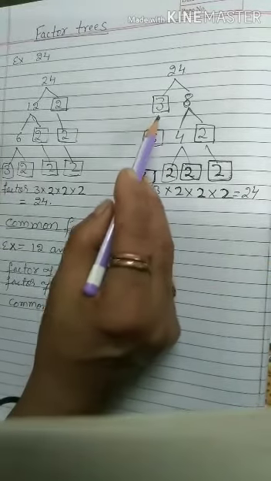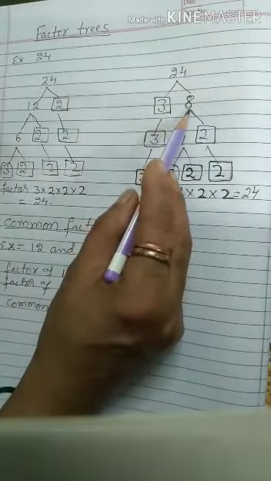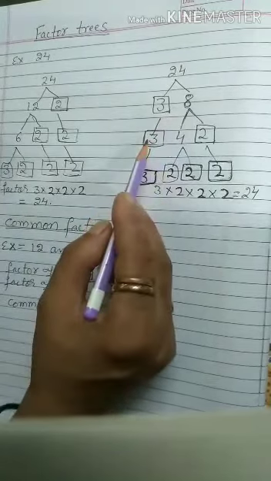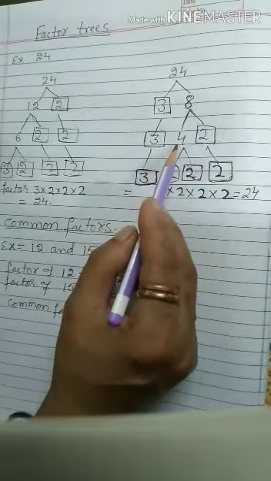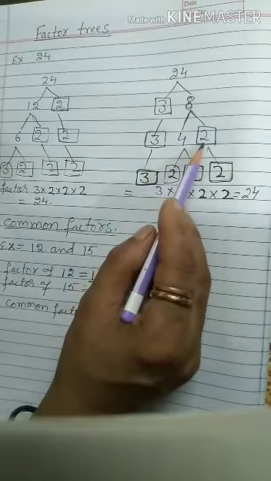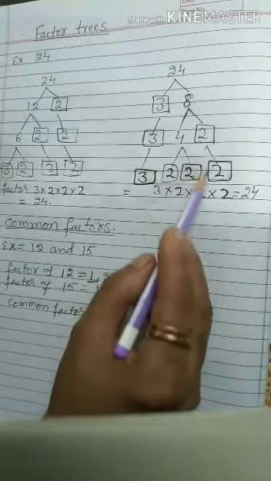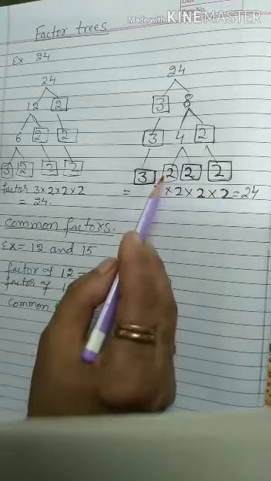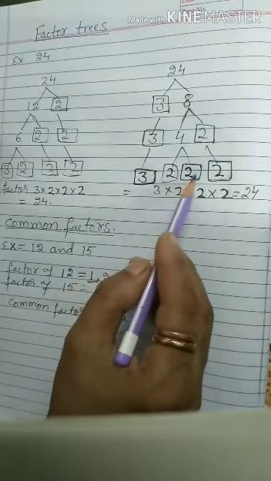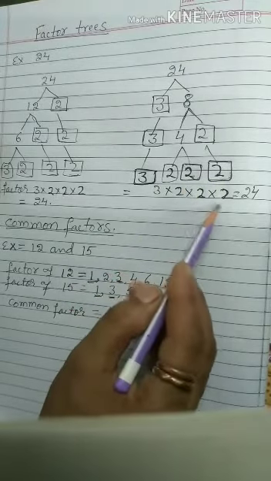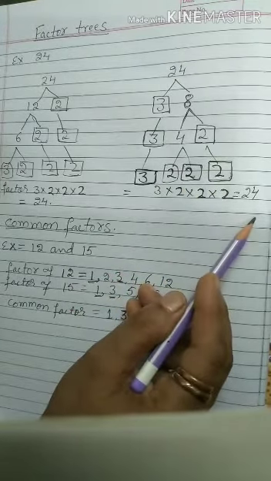You know the table of 3. 3 eights are 24. The 3 you carry down, then 8 you can further write as factors: 4 twos are 8. Then 2 carried down, then 4 is 2 twos. Look here, 3 into 2 into 2 into 2 are the factors of 24.